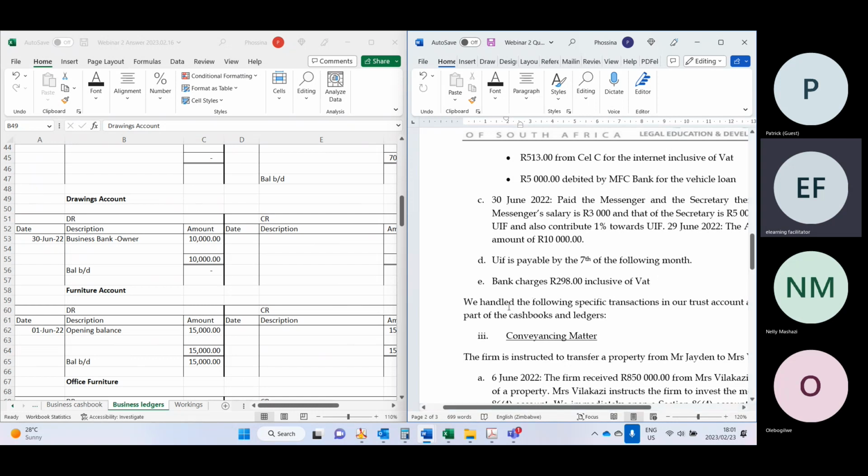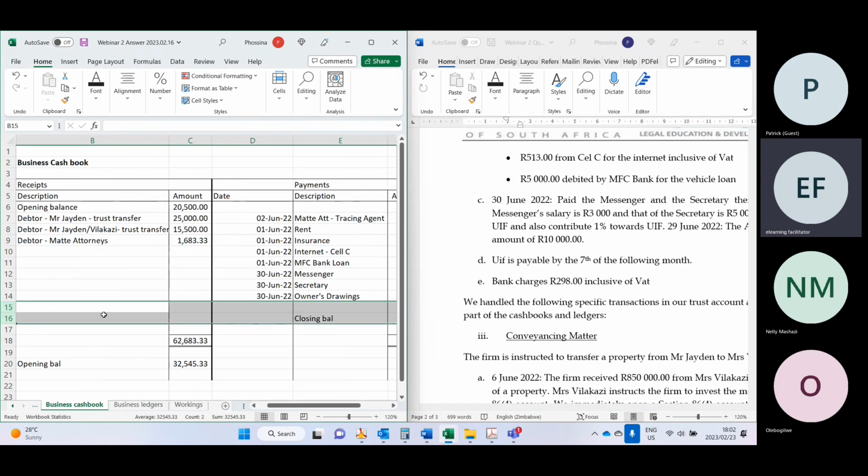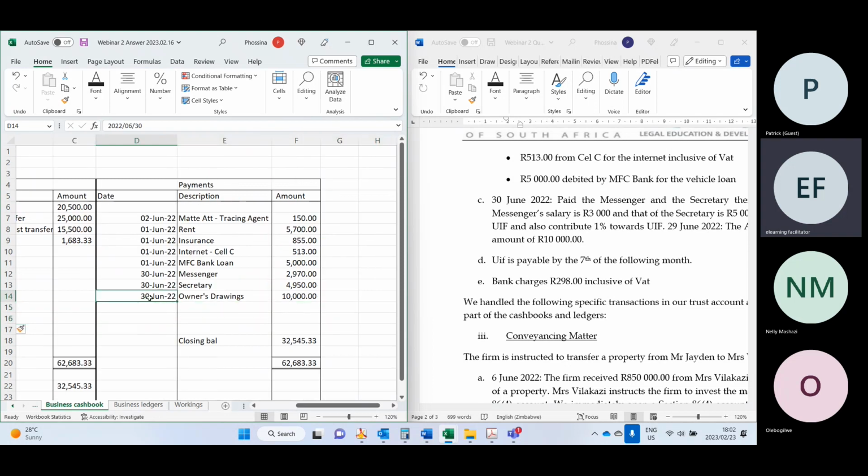And then we are told that bank charges are 298, inclusive of VAT. So the bank is charging our firm. It's taking money from our account, so it's a payment out of our account. So we come and then we say bank charges.